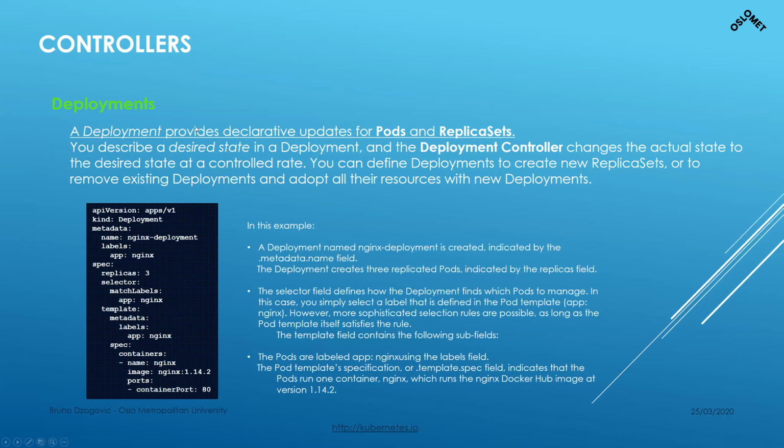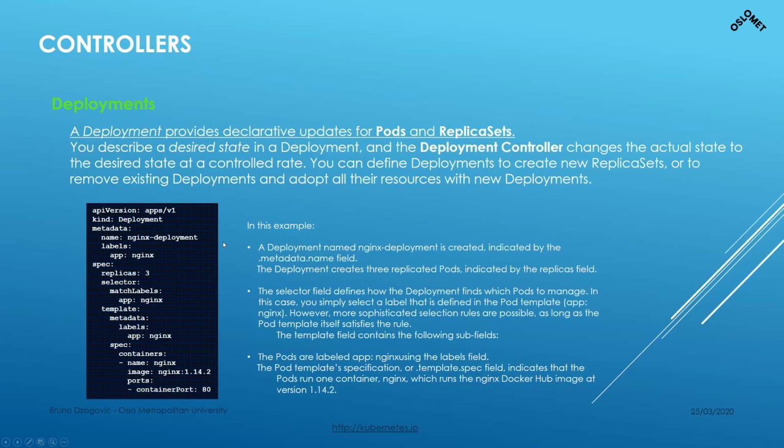The deployment provides declarative updates for pods and replica sets. So you describe the state that you want in the deployment, and the deployment controller changes the actual state to the desired state. Later you can update this. Let's say you run this now and you want to update to 4 replicas. You just change it to 4 in the file and you apply, and it will update, and that's it. That's how simple it is.